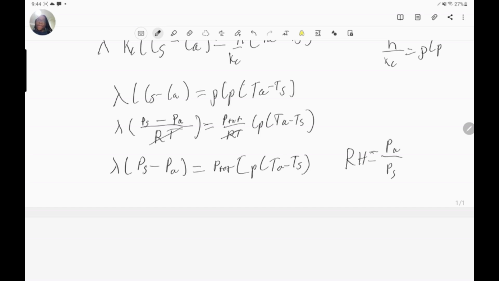And so the partial pressure of water in the air is going to be compared to that max. So it's going to be partial pressure of water in the air, our PA, over our partial pressure of water at saturation, our PS.